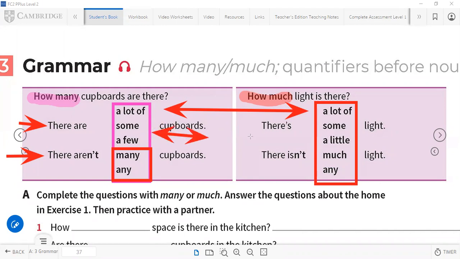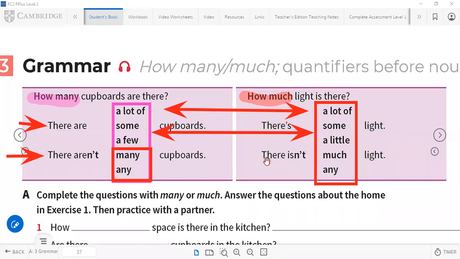También el some, right? But there's a little difference, right? La diferencia using a few and a little. That is in positive sentences, positivos. And one example we have: there is a lot of light, there is some light. For example, there is a little light. Hay un poco de luz.